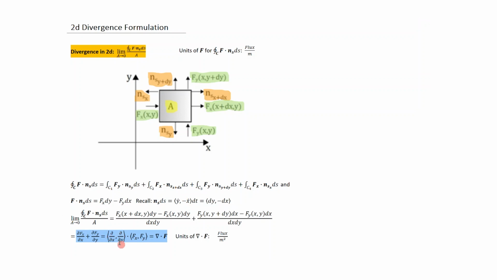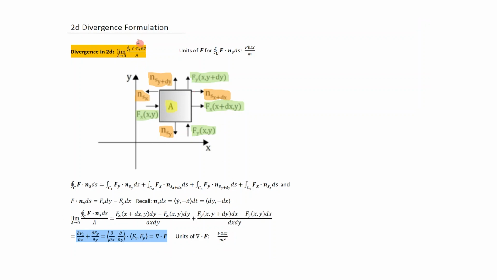But if you take this as a whole, this can be replaced by this del operator, and fx, fy is by definition the field vector. So this symbol, we call the divergence of the vector field f, is equivalent to performing this calculation in the limit that you see up here. So effectively, we've shown how we get to this symbolic form of the divergence of a vector field in 2D. And the units of the divergence of f would be just the flux divided by meter squared.